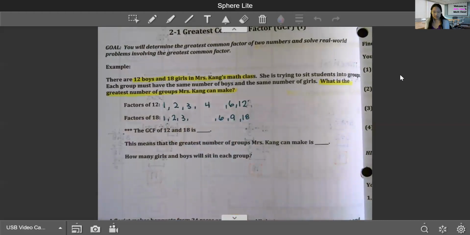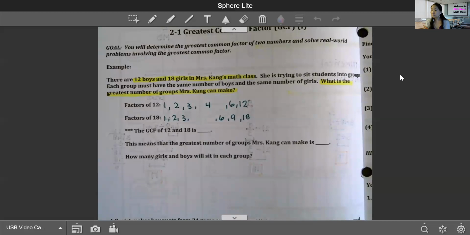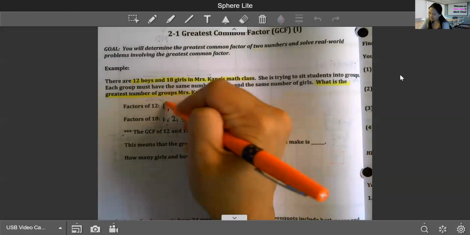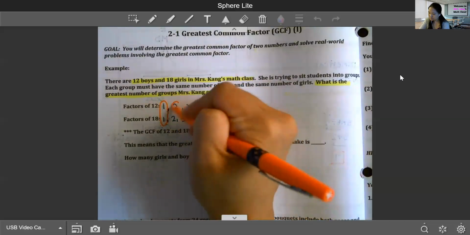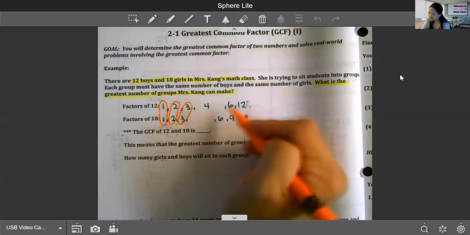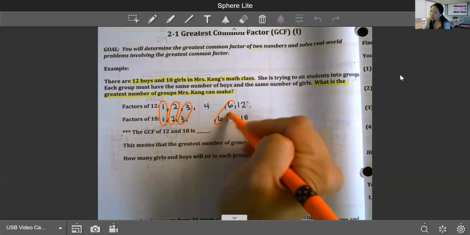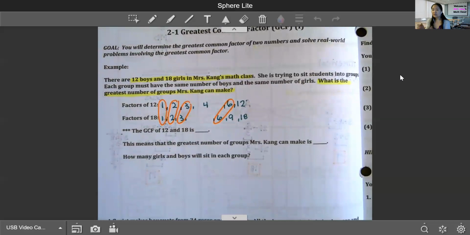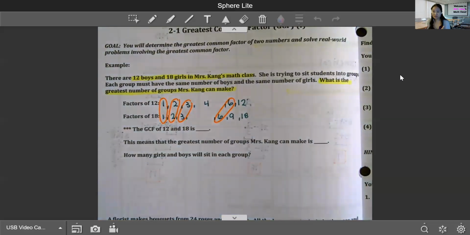Now I am going to circle all of my common factors, factors that are common to both 12 and 18: 1, 2, 3, and 6. All of these are common factors of 12 and 18.